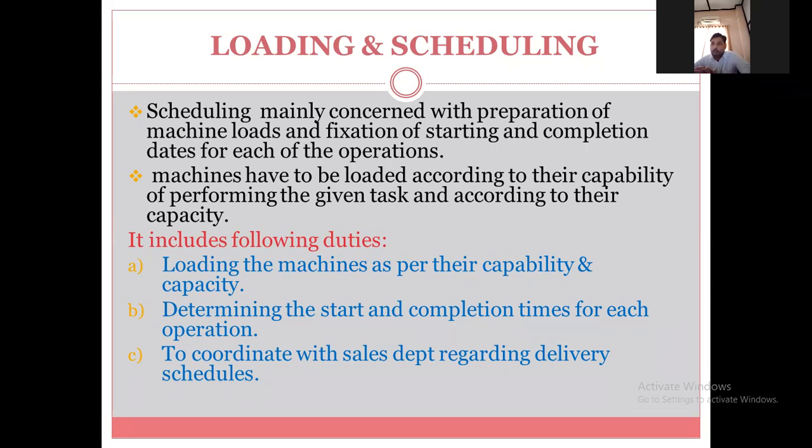Duties in loading and scheduling include the following. First one, loading the machines as per their capability and capacity.